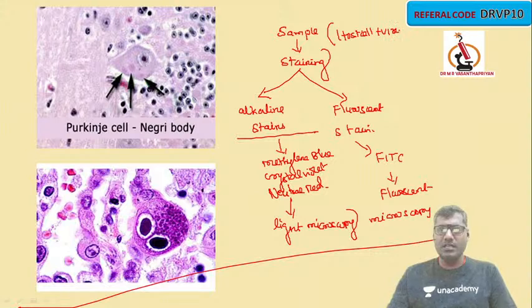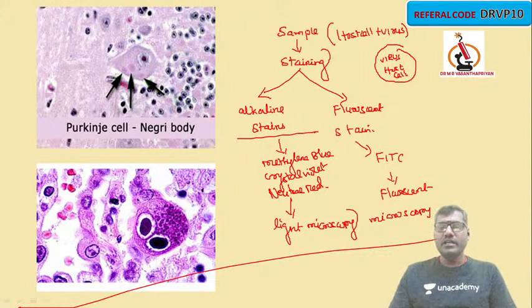Inside the host cell the virus is present, because we know already the viruses are always intracellular in nature. Point to remember, it is intracellular in nature. So we are demonstrating the viruses within the host cell. Because the host cell will be holding the virus, we can stain both structures, the virus and also the host cell.